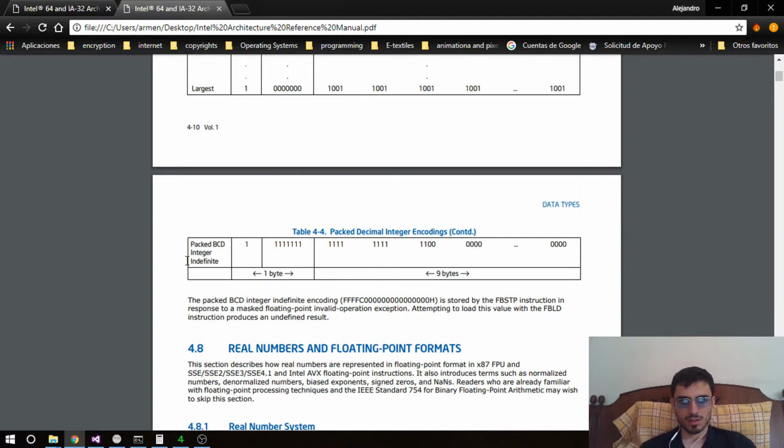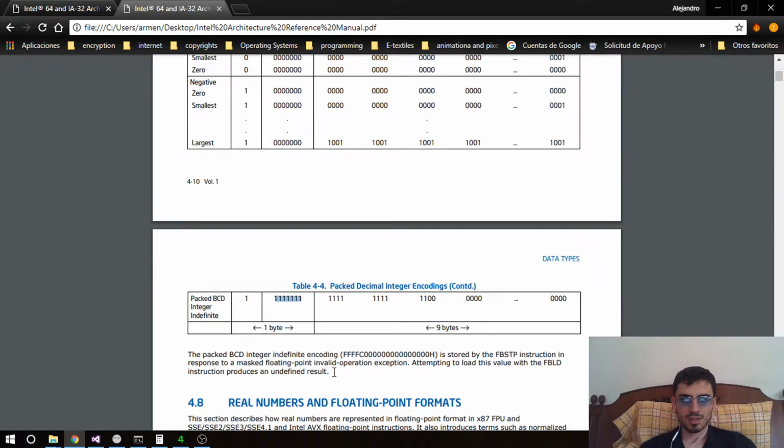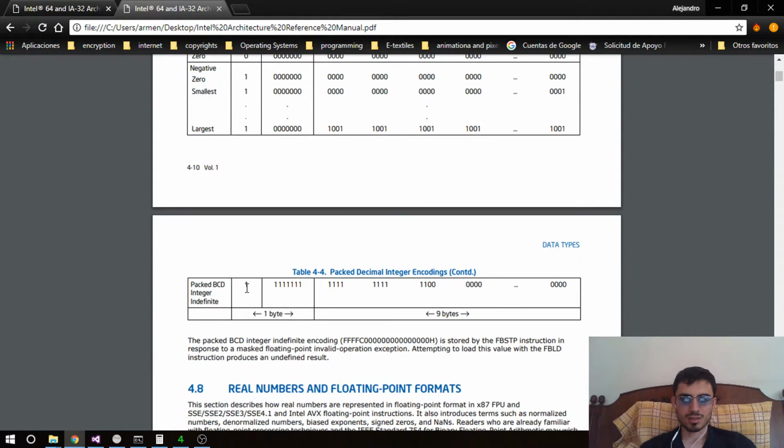Okay, so you have a packed BCD integer indefinite, which is negative, and it has all bits set to ones in the unused bytes. This is 1 byte, and this is the sign. 2 bytes are going to be all ones. The third byte coming from the most significant byte is going to be half bits set and half bits not set. Okay.